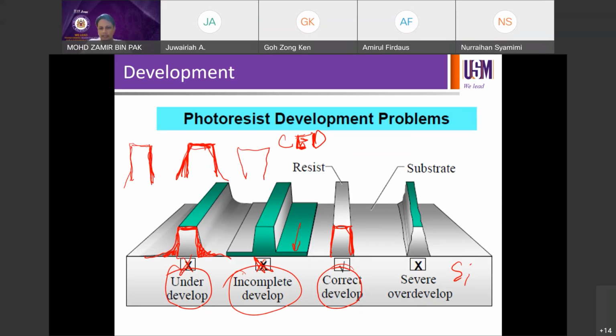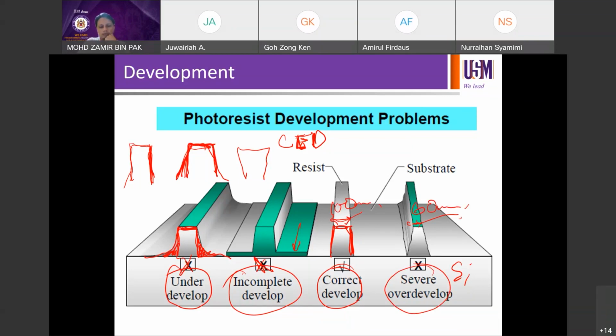So then severely overdeveloped, you can also overdevelop. Okay, then you can see, for example, if your intended CD is line width, remember, say if your intended CD is 100 nanometer, so kalau itu lebih developed, that's also possible. So you'll probably be left with 60 nano perhaps. Okay, so something must be wrong with your process somewhere, somehow.